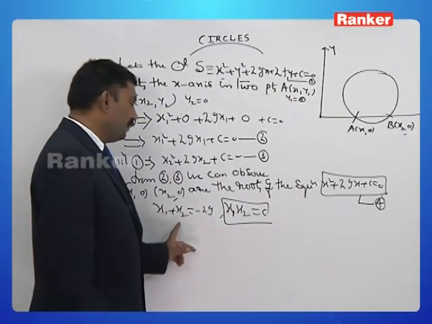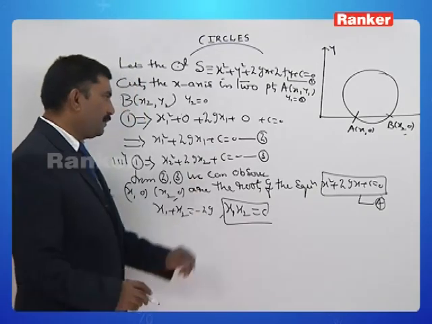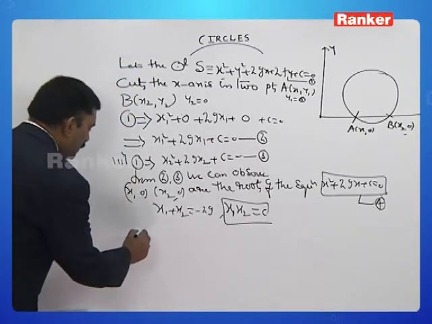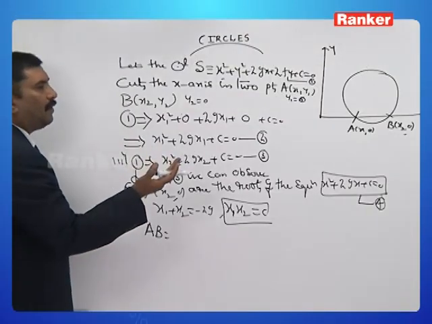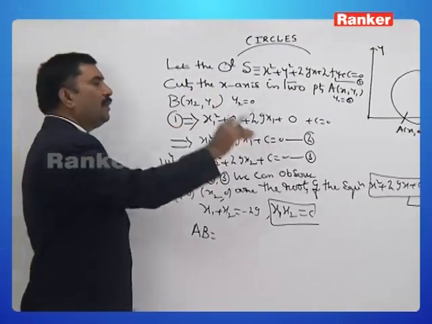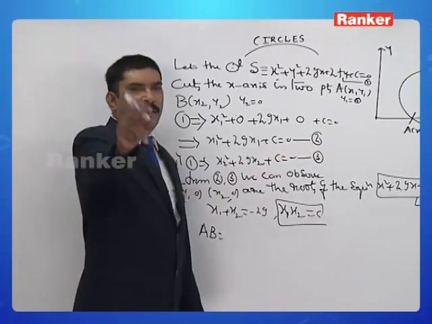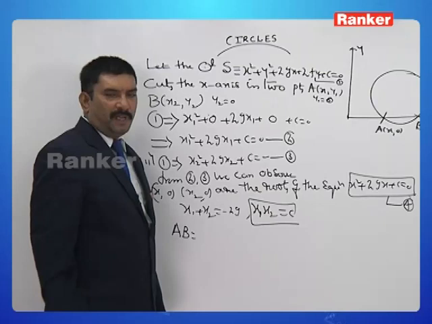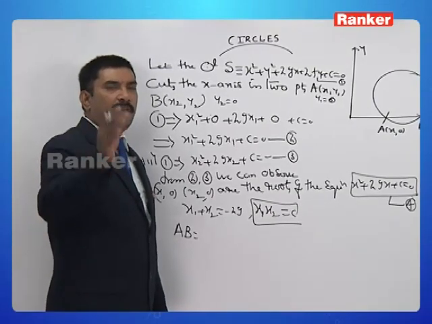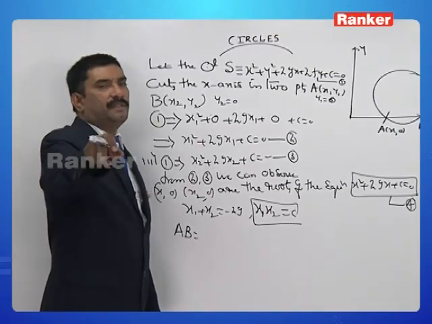So when we know the sum and the product of the roots, let us find the length AB, that is, the length of the chord on the x-axis. The length of the chord on the x-axis is nothing but the x-intercept, the x-intercept made by the circle on the x-axis.